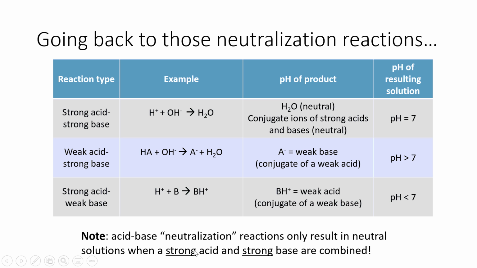A takeaway here is that we sometimes refer to these as acid-base neutralization reactions, but we will only actually have a neutral pH when it's a strong acid with a strong base. If you're reacting a weak acid or a weak base, the resulting solution will not actually be neutral. That's going to be really important as we talk later about titrations, which is a topic we will go over soon.